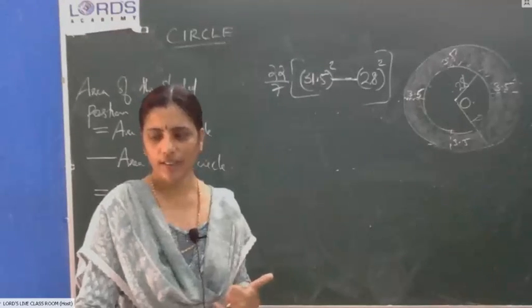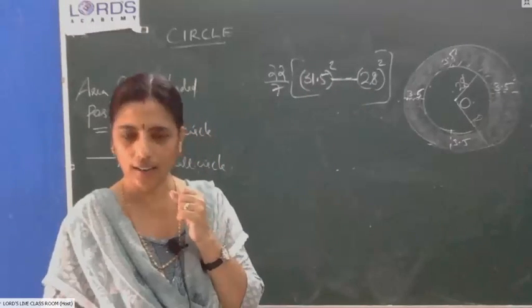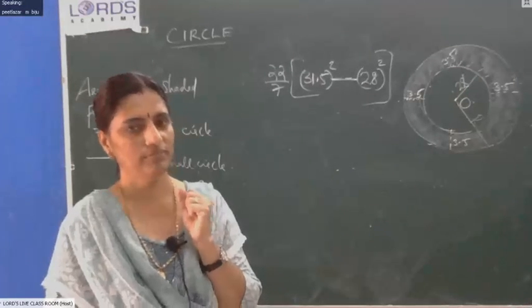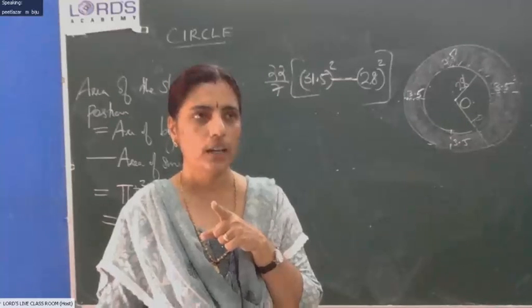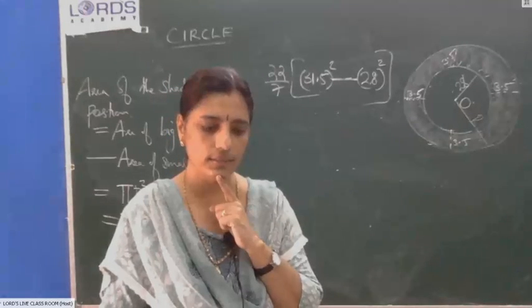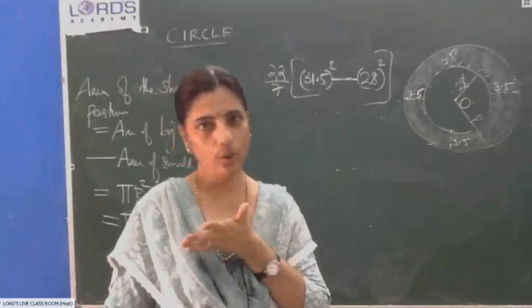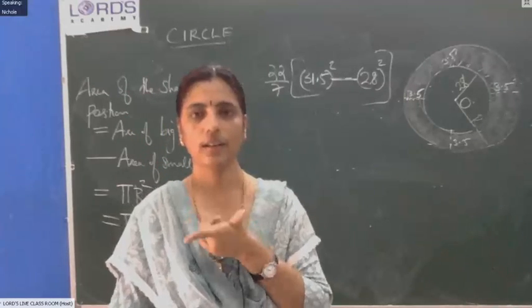Factorization. Did you study the a square minus b square identity? Anybody? A square minus b square equals a plus b into a minus b. Did you study the identities? Anybody? Somebody said no.